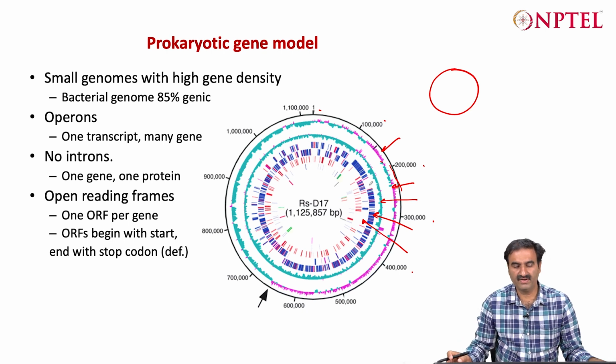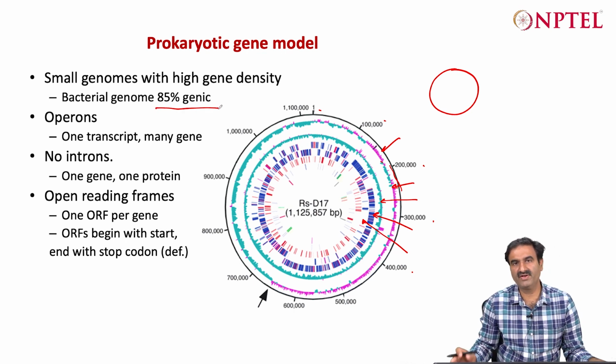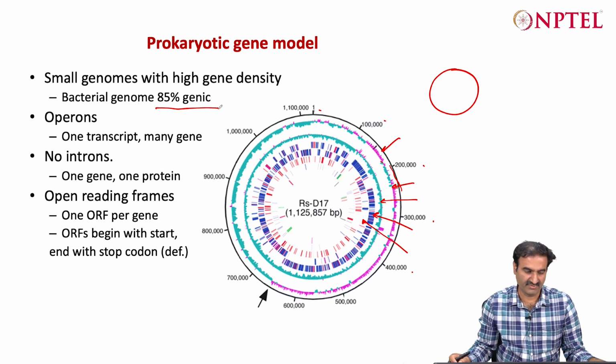So that means it is very gene rich, and almost 85% of the DNA in prokaryotes is genes, and the rest is either intergenic regions or regions like promoters and others which are required for regulating gene expression.